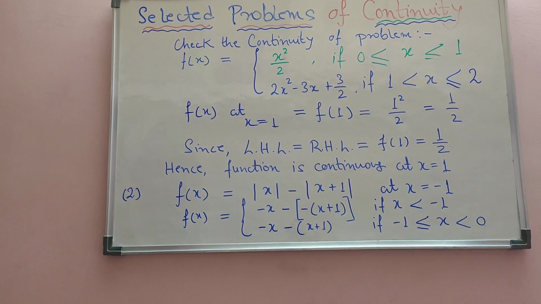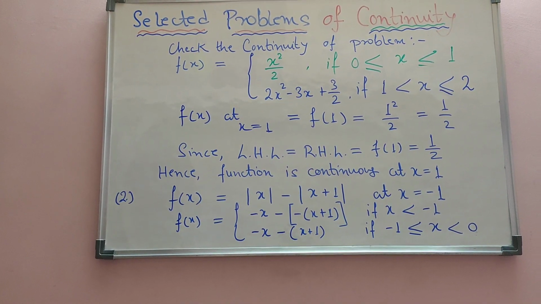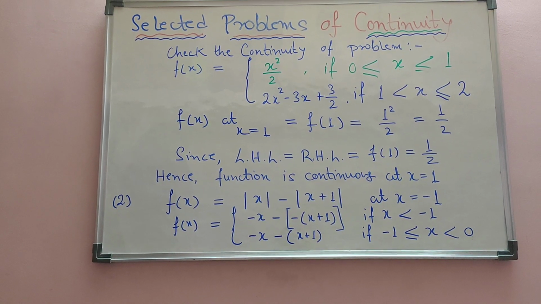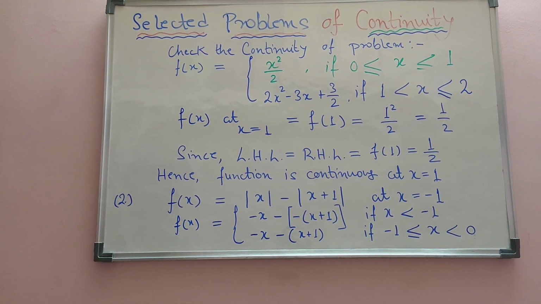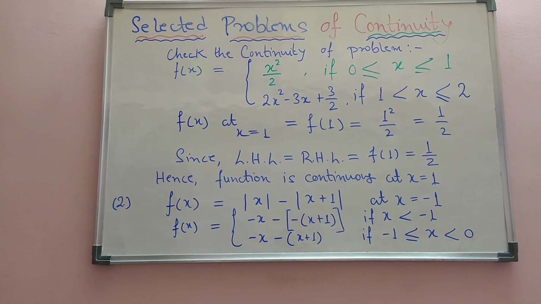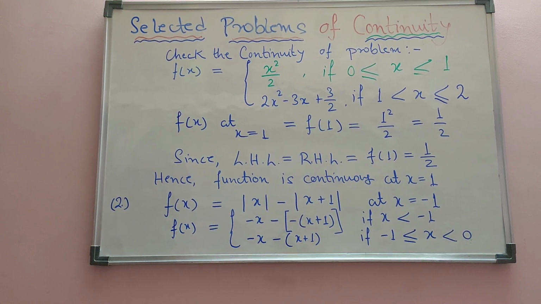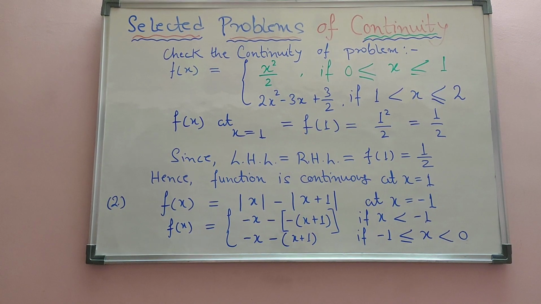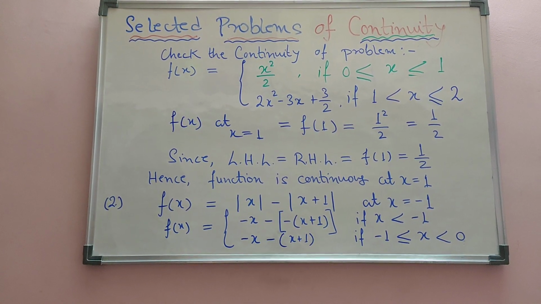So whenever we remove the mod, mod x becomes minus x, but mod of x plus 1 is already with x plus 1. So whenever we put the value x equals minus 1, minus 1 plus 1 becomes 0.